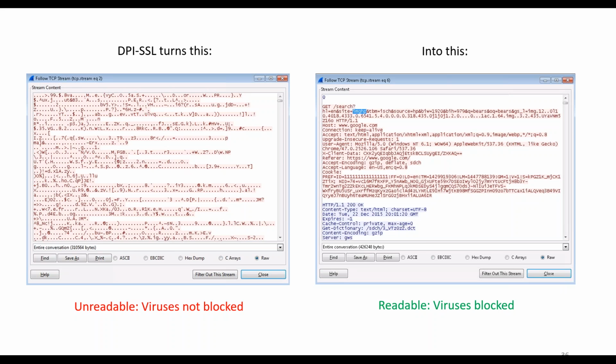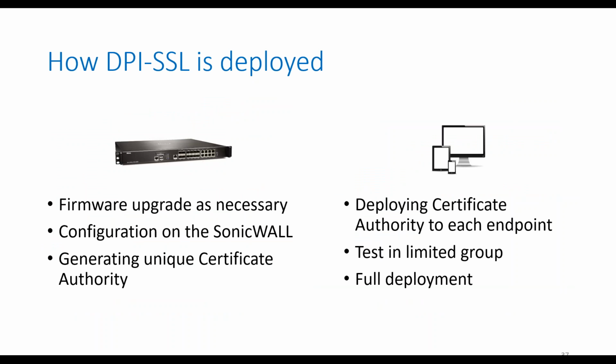So how does DPI-SSL get deployed on a network? Deployment looks like this. We're going to make sure that the firmware is upgraded as necessary. You need to have a certain version of firmware to enable this feature. Then we'll complete the configuration on the SonicWall itself, and we'll generate a unique certificate authority that DPI-SSL will use to establish itself as the trusted intermediary.